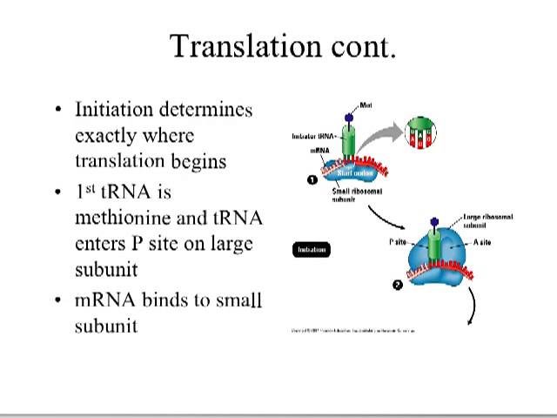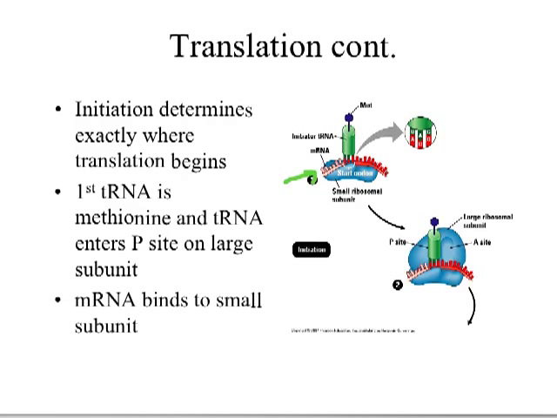So if we take a look at the picture on the right, we can see that this strand right there is the mRNA. The light pink is likely the cap. That kind of is basically saying, hey, this is an mRNA, I need a ribosome to help translate this. So it's kind of the beginning for the binding of the mRNA to the ribosome.